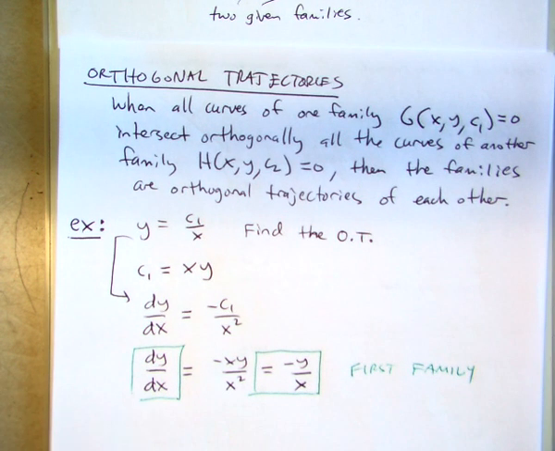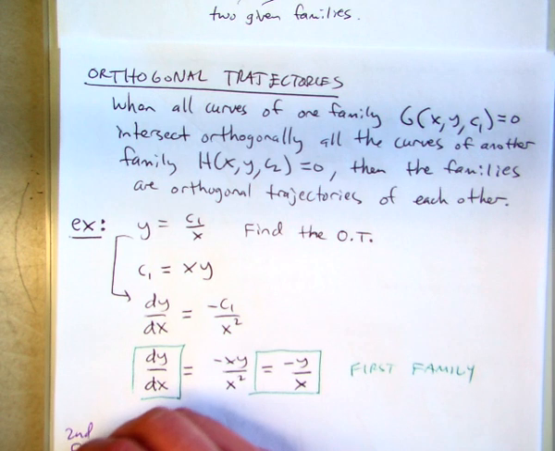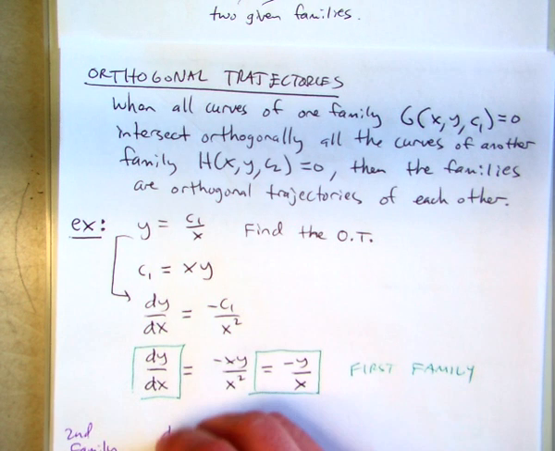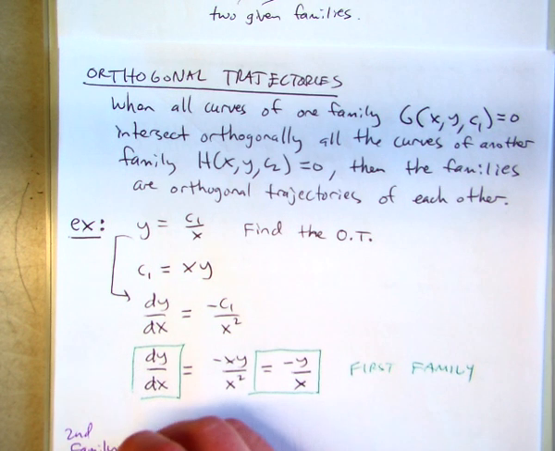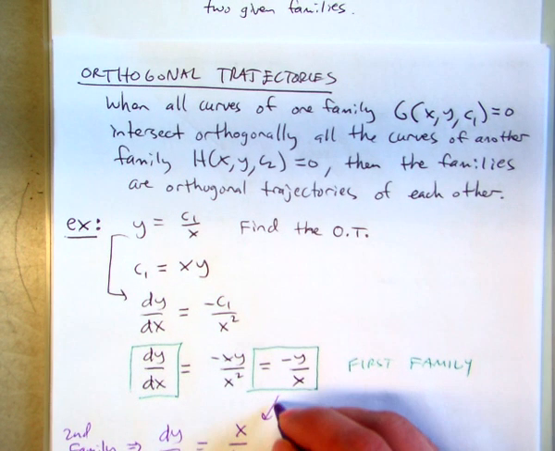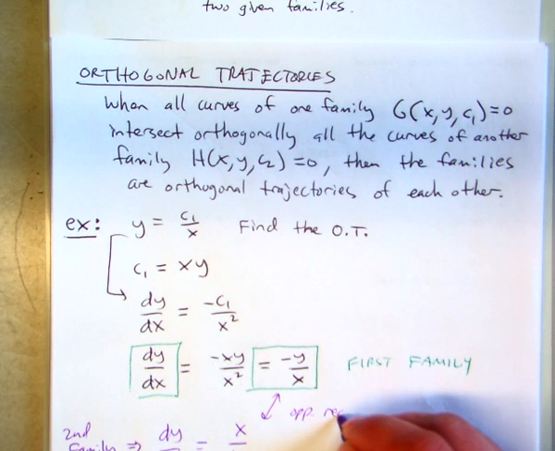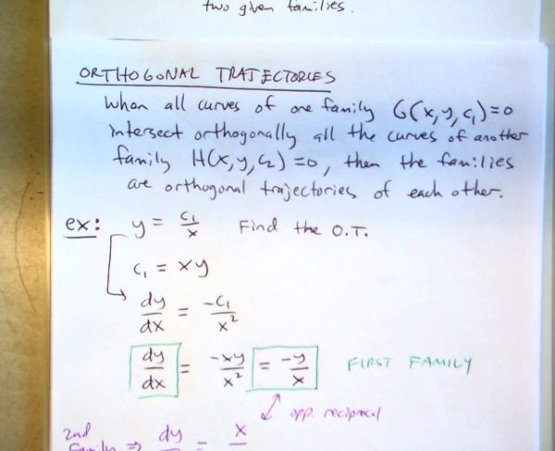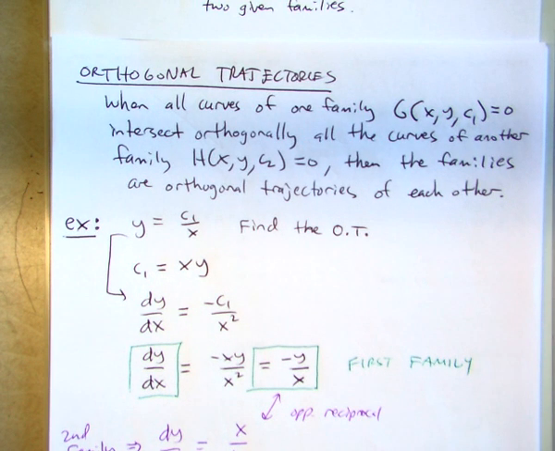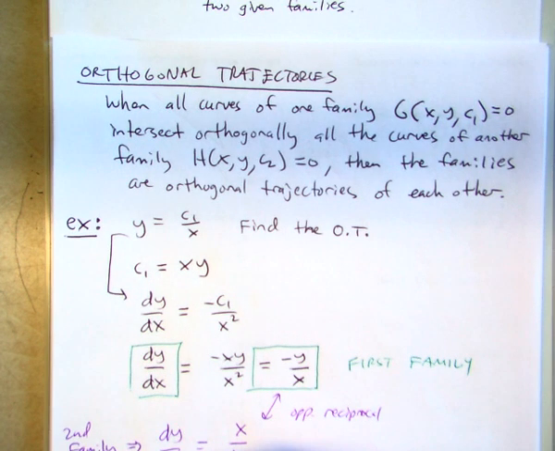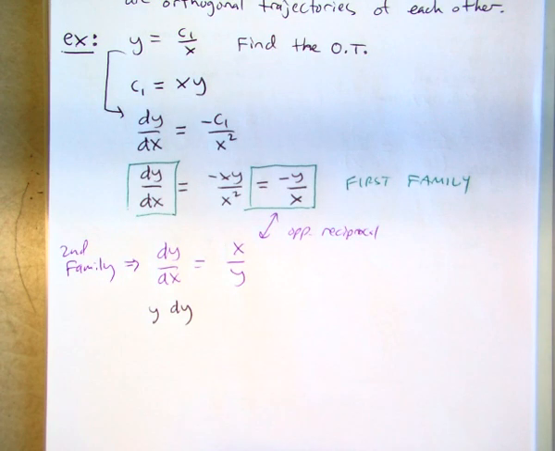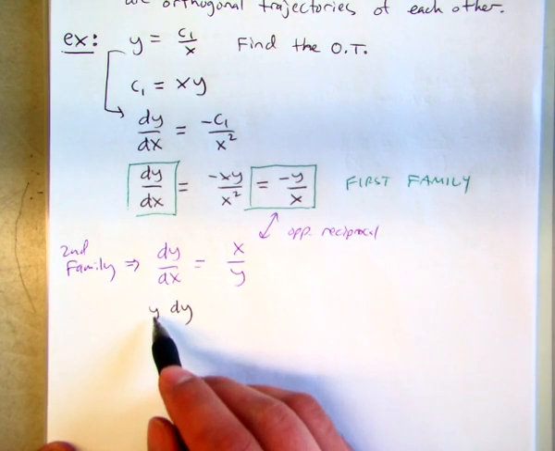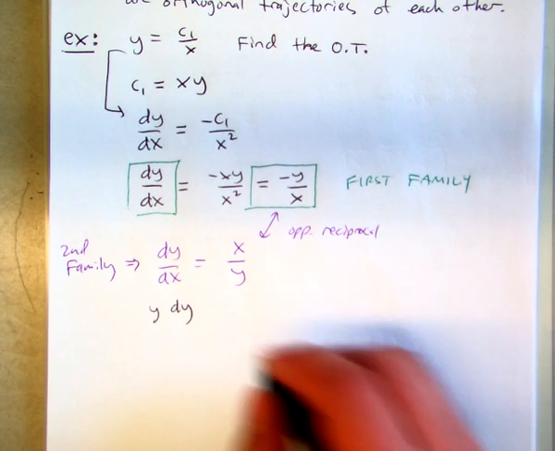And now for the second family, what does dy dx have to be? Good. Okay, so they have to be opposite reciprocal. And we can go ahead and separate. This is not too bad. We get y times dy equals x times dx.